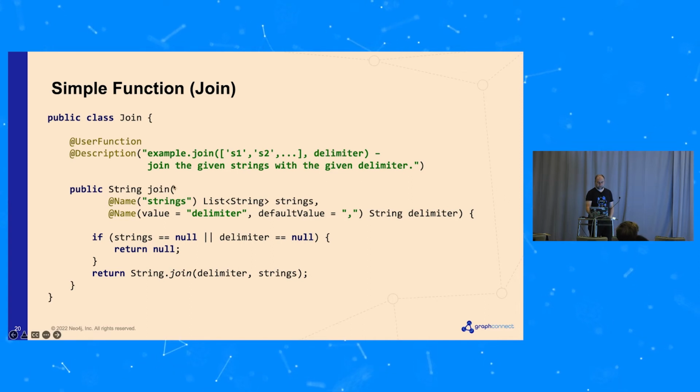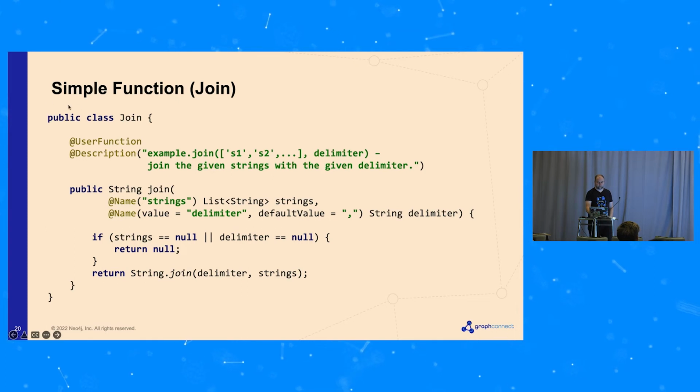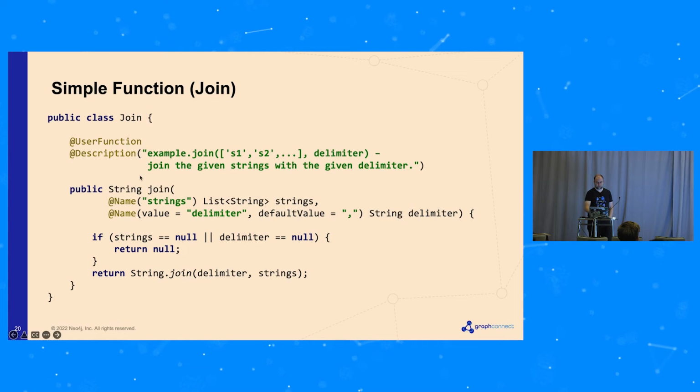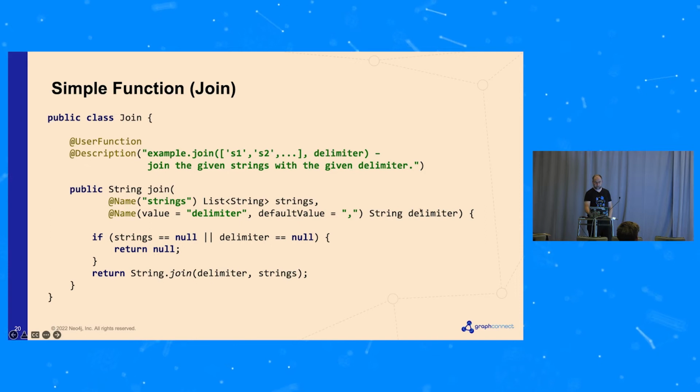The name is join. Because I didn't provide a name in the user function annotation, it's basically the package name, which is example in our case, and join, so example.join. It takes a list of strings and a delimiter where the default value is a comma. So if I don't provide a delimiter, it will default to comma.